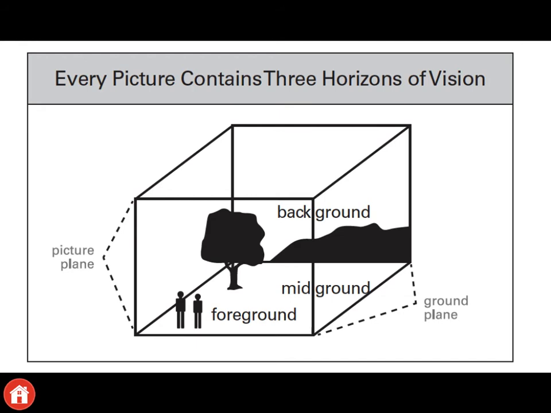So that's why that mid-ground or middle ground is so important. But you can still have implied depth without a middle ground, and it can be effective, but most of the time, if you want a deep implied space that goes far into the distance, you can't really do it without that middle ground.